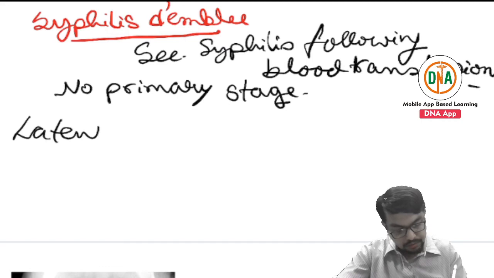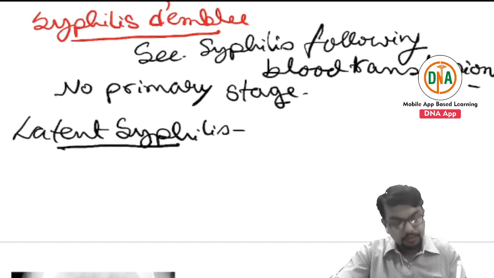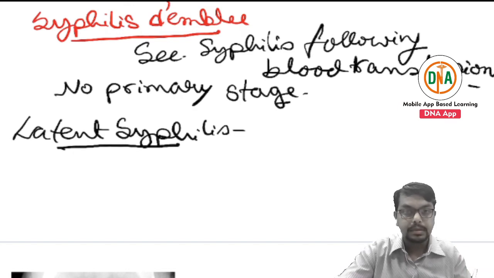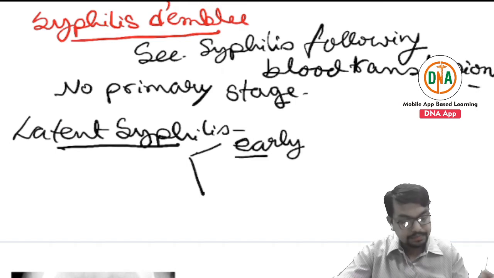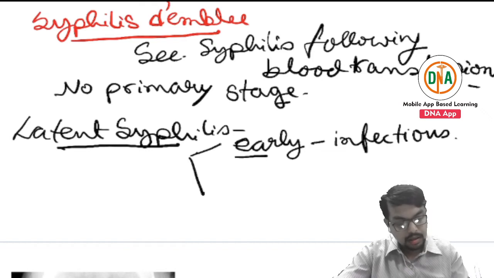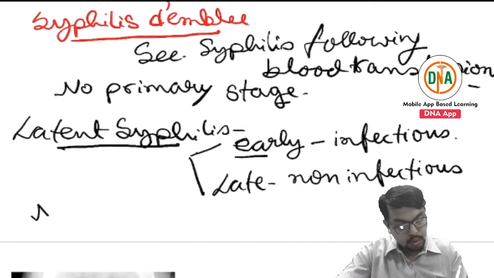Next is latent syphilis. Latent syphilis is of two types. Conventionally, within 2 years, this is early latent syphilis. Early latent syphilis is infectious. And late latent syphilis is non-infectious. There will be no clinical feature.